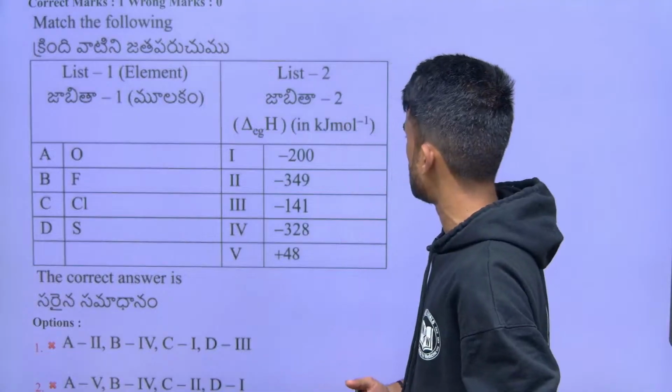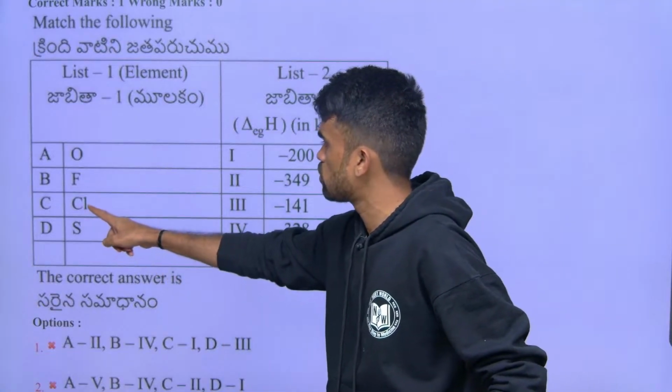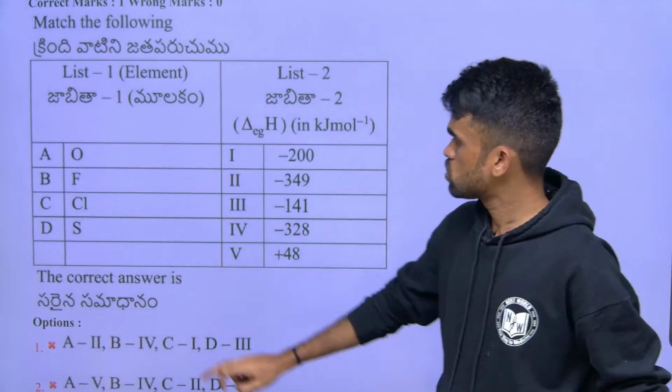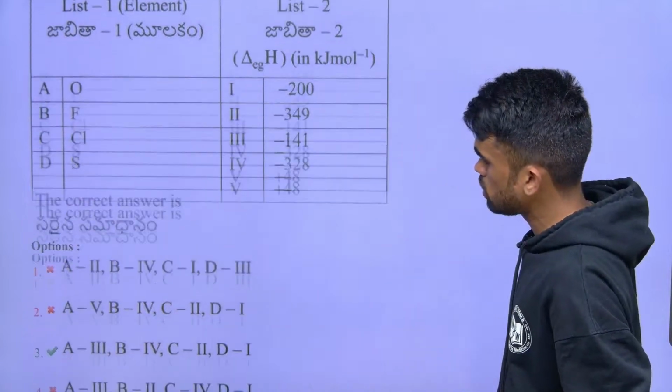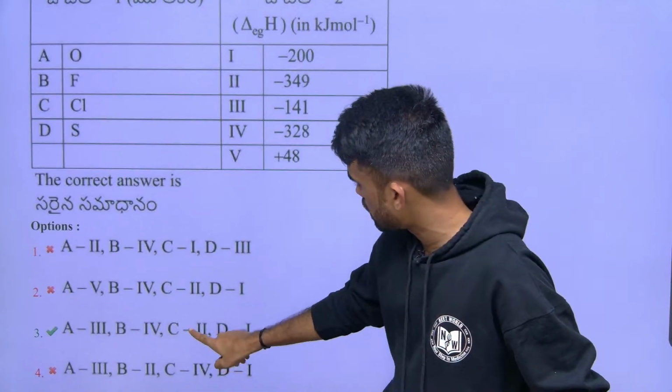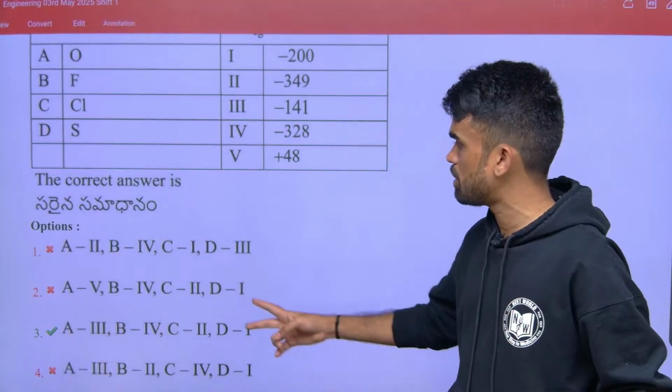The most negative value for chlorine is 349, so I can say C2. C2 is in these options, so 2 options remain and you can eliminate the other 2.